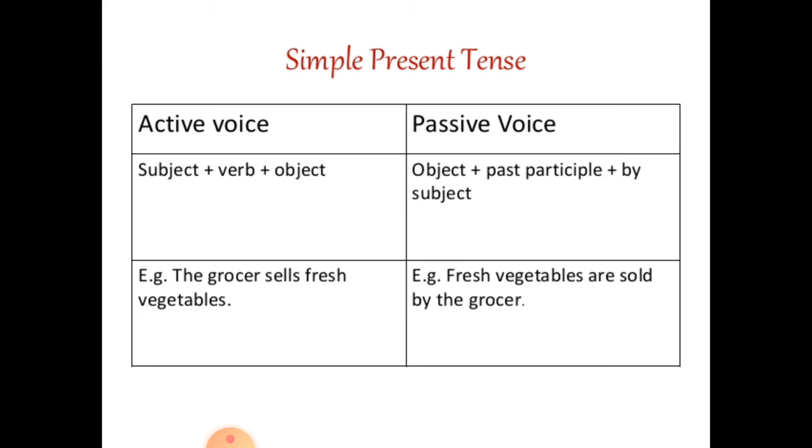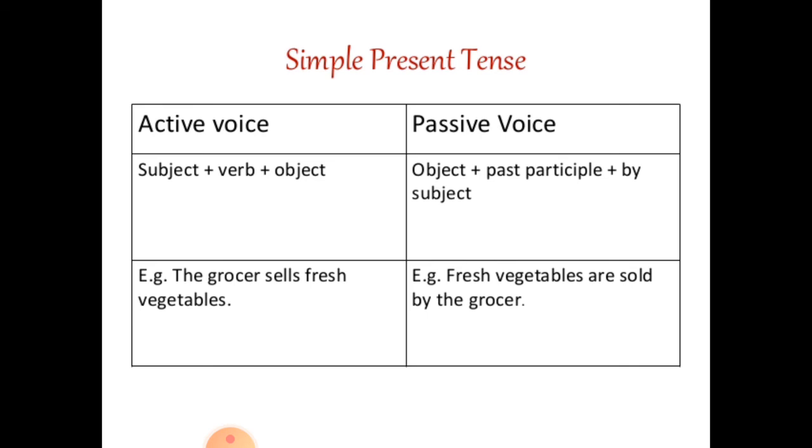Example: the grocer sells fresh vegetables. Here, see, the grocer is the subject, sells the verb, and fresh vegetables are the object. If we want to change this sentence from active to passive, it will be: fresh vegetables are sold by the grocer.